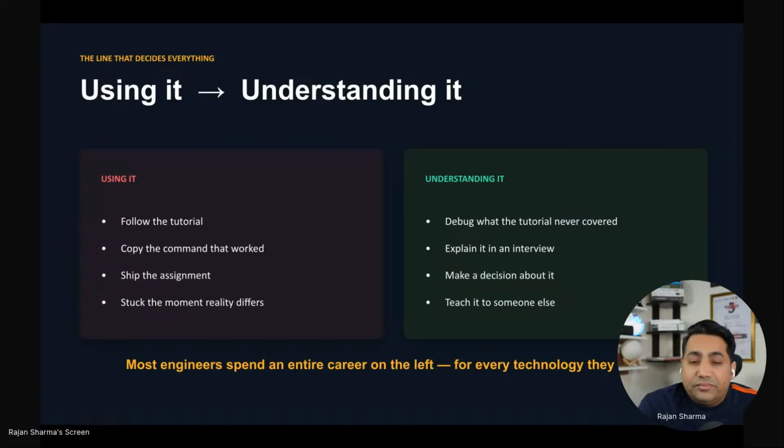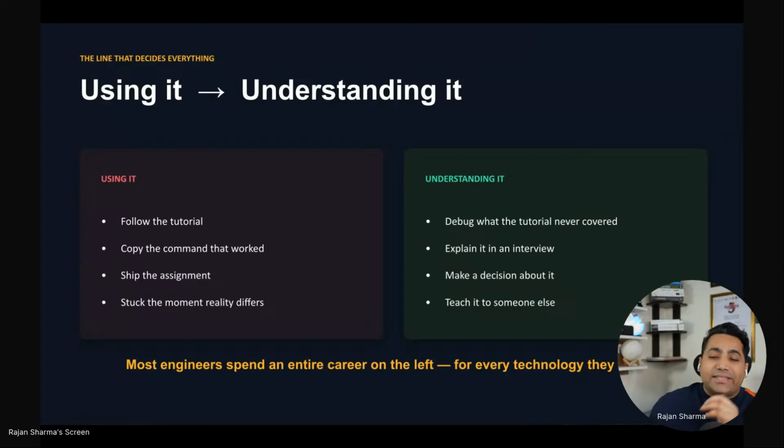Now, one thing that nobody told us, and nobody is going to tell you, is most engineers spend their entire career on the left side of the cliff for every single technology they touch. Not because they are lazy, but because nobody ever showed them there was another side, how to access that side and understand it.